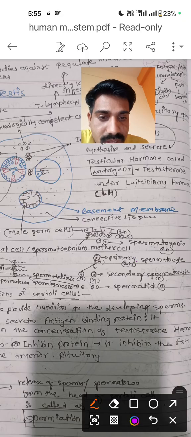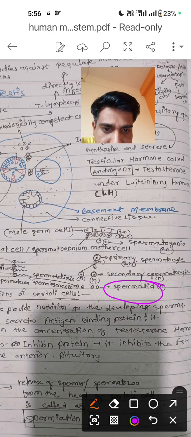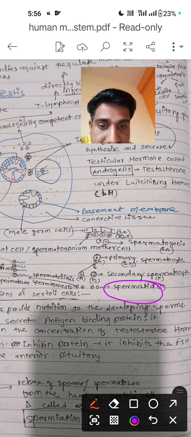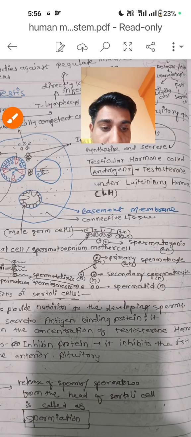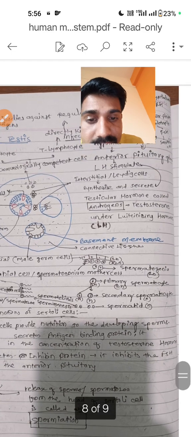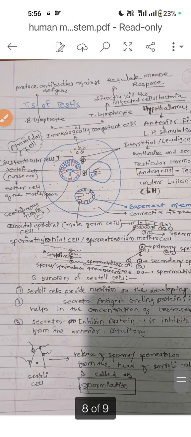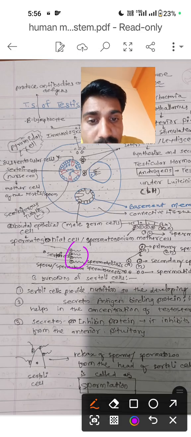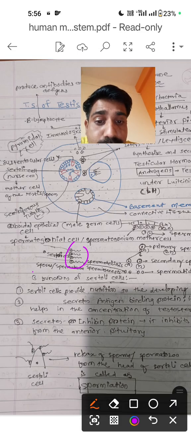Each secondary spermatocyte gives rise to two haploid spermatids, and all these spermatids develop into spermatozoa, or we can say sperms.